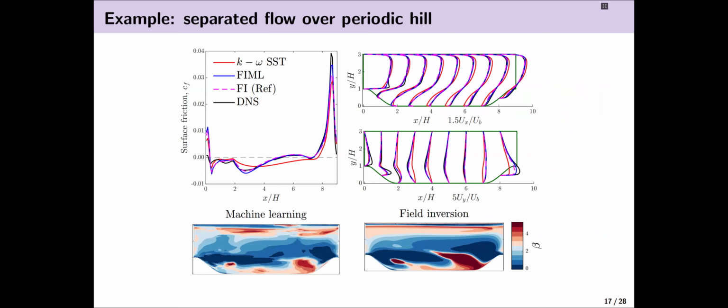I think the distribution is not quite smooth. Would you consider using some normalization? I think that will help in this case. In fact, when I'm doing the field inversion on the periodic hills, I also found that the correction term may not be that smooth.